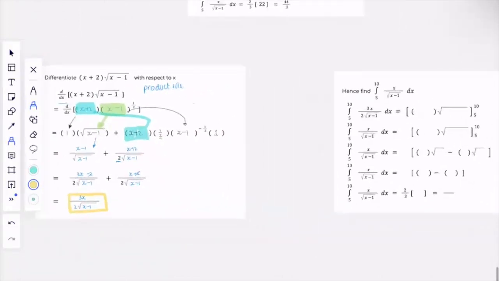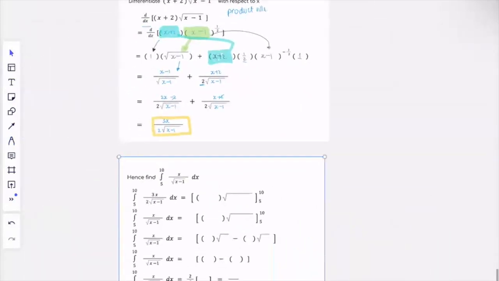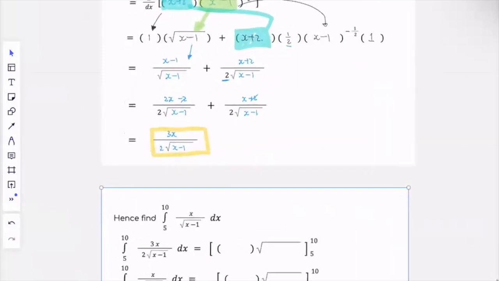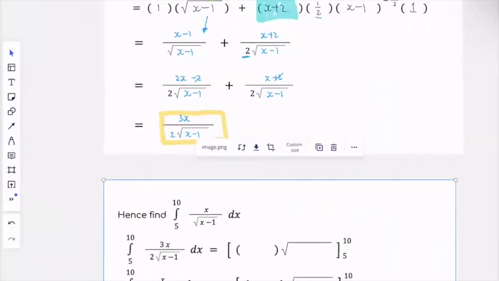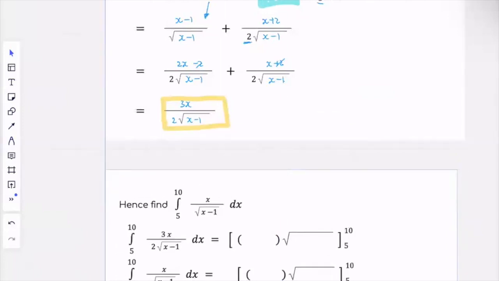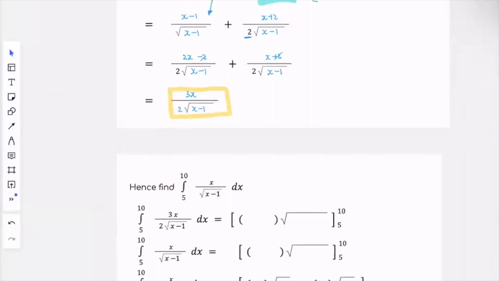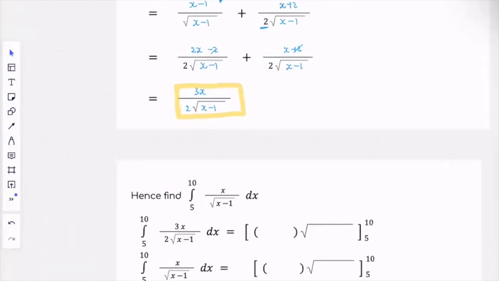Then if you look at the second question, they ask you to integrate, and it's a definite integral. The lower limit is 5 and the upper limit is 10. They ask you to integrate from 5 to 10 of x over root x minus 1.